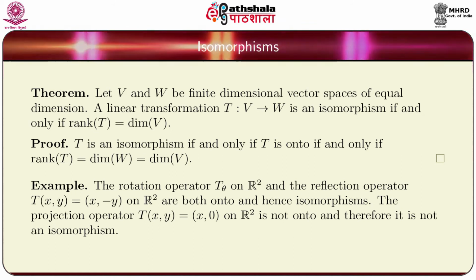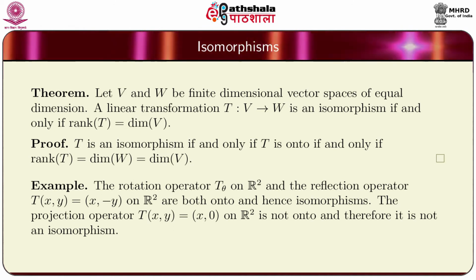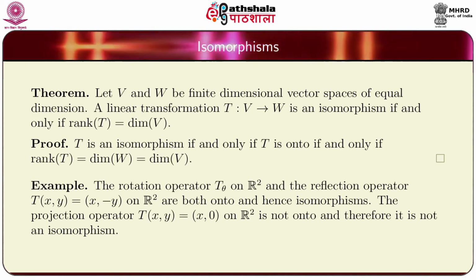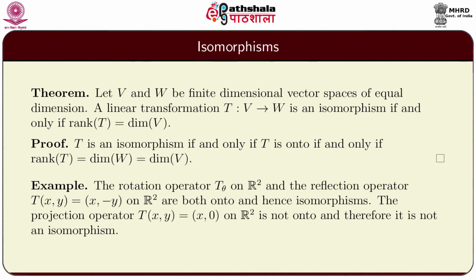Therefore, it is enough to have the onto property for T in order to have an isomorphism from V to W.